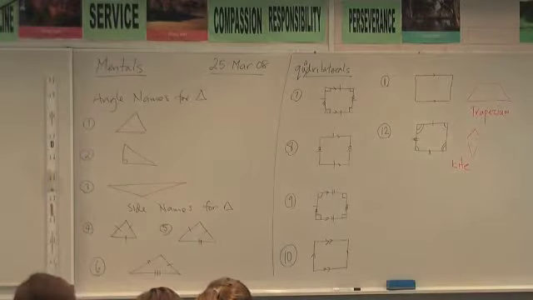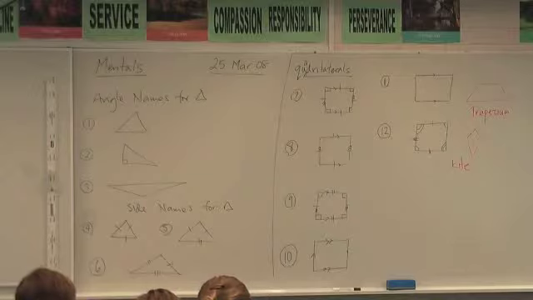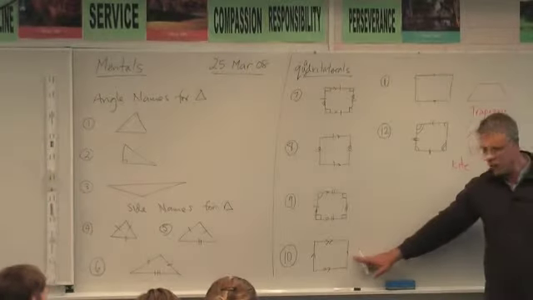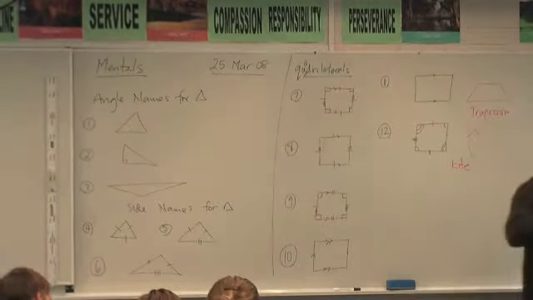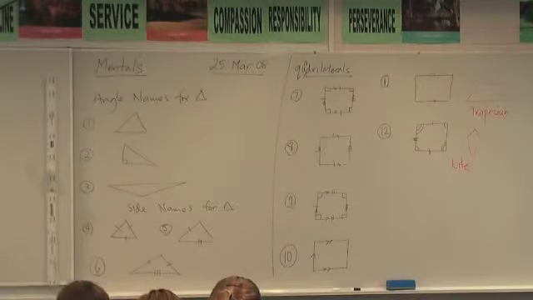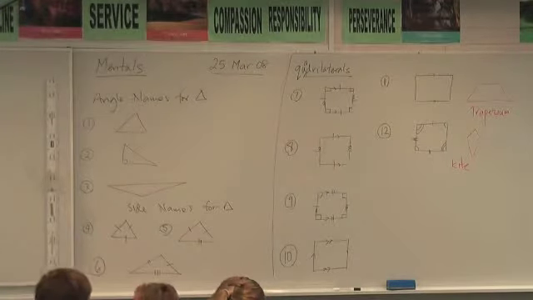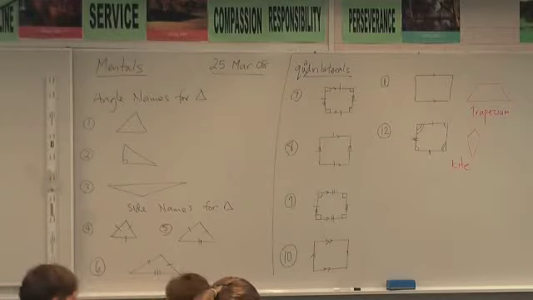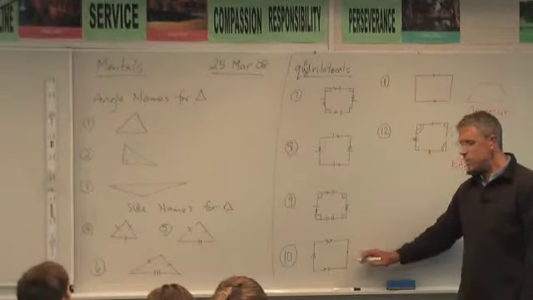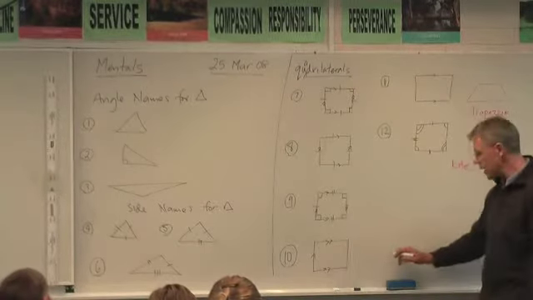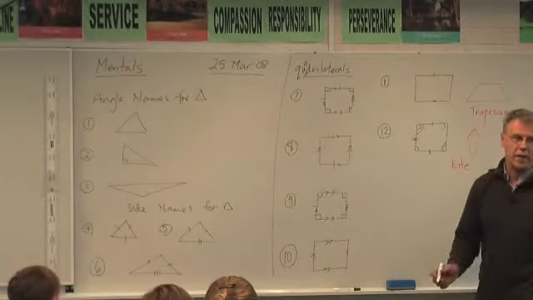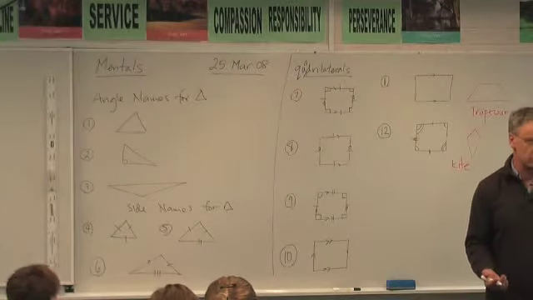Okay, back to this side of the room, and Nelson would like to pitch in. Okay, we have two pairs of parallel sides. That's it. A parallelogram. Yes. And it can look like that, or it can look leaned over, or it can look like a leaned over rectangle. It can look like lots of different things.